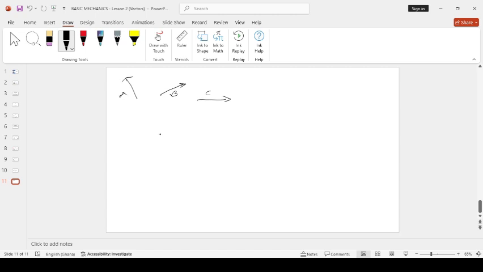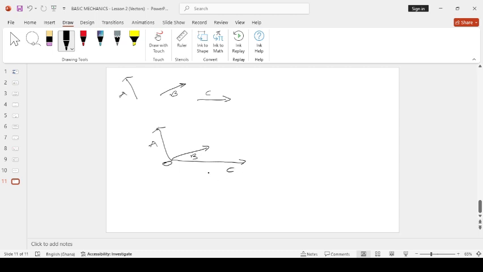We put them together. We have vector A here, vector B going this way, and vector C coming this way, and assuming they are all acting at a point O here, how do I find the resultant?